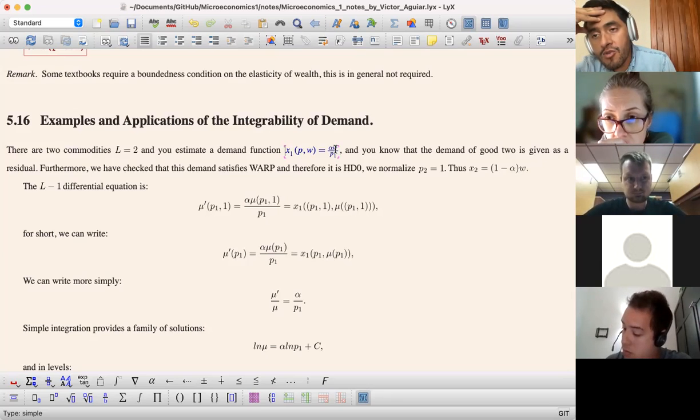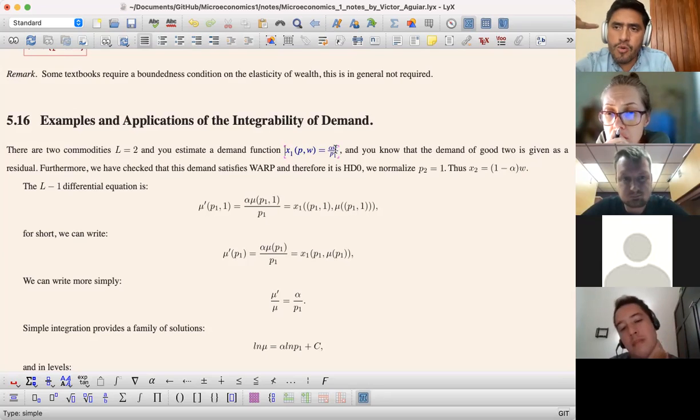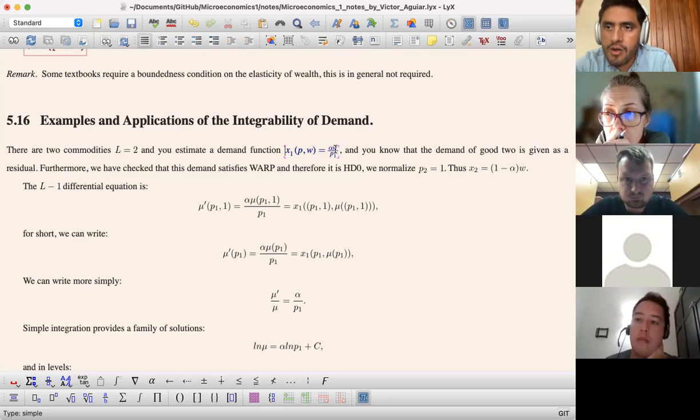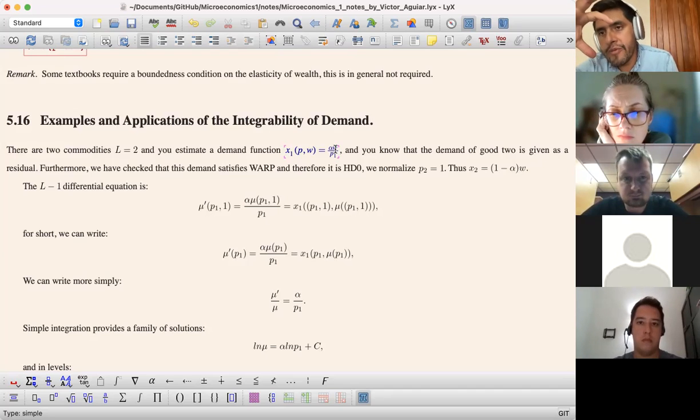Because we have 2 dimensions, we're going to use the properties of our problem to make it lower dimensional. One thing we are always going to use is Walras law and homogeneity of degree 0. After computing the Slutsky matrix, this is a source of problems in problem sets, people do this simplification before computing the Slutsky matrix.